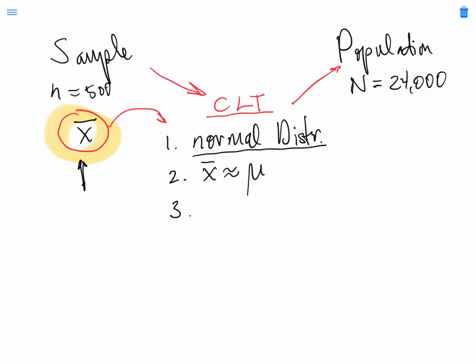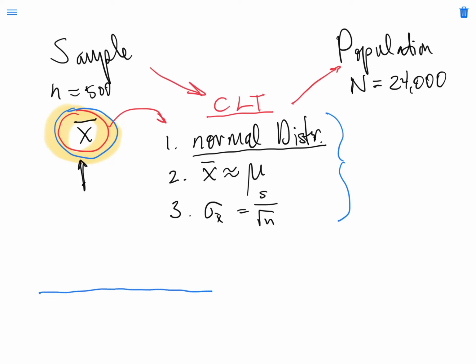And the third idea is that the standard deviation of this uncollected, theoretical normal distribution will be equal to the standard deviation of our sample divided by the square root of the sample size. Okay, so because of these three ideas, we have not just this mean, but we have a normal distribution of means related to that data, and our mean that we have calculated here is the mean of this theoretical distribution.